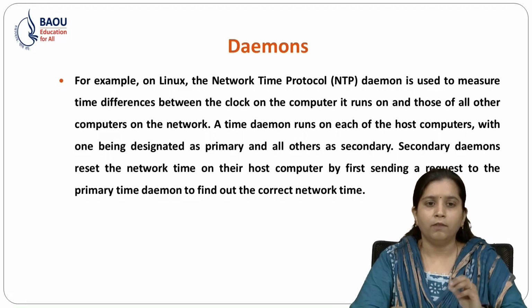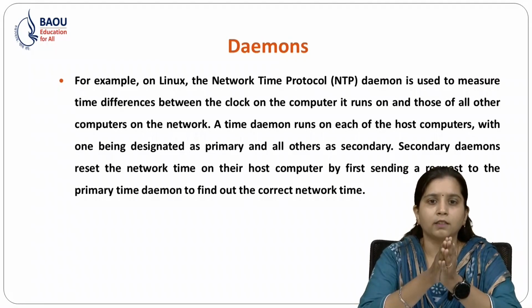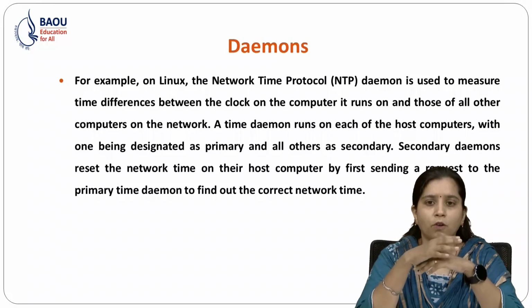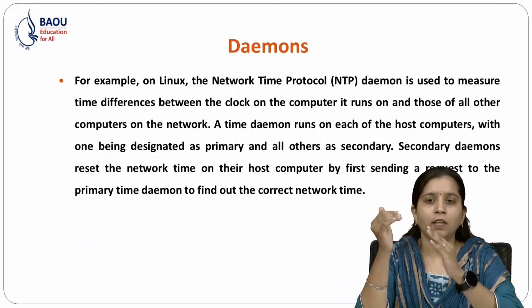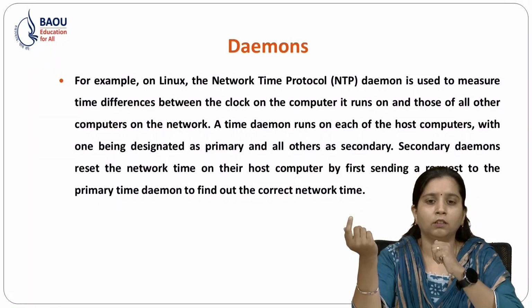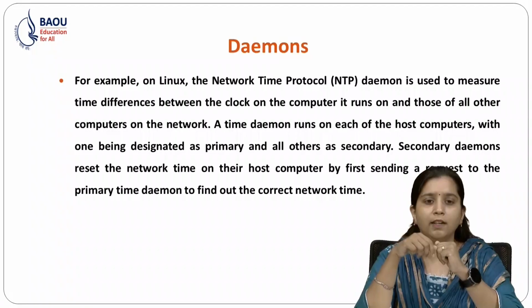For example, in Linux, the network time protocol daemon, that is the NTP daemon, is used to measure the time difference between the clock on the host computer and the clocks of all the computers in the network.